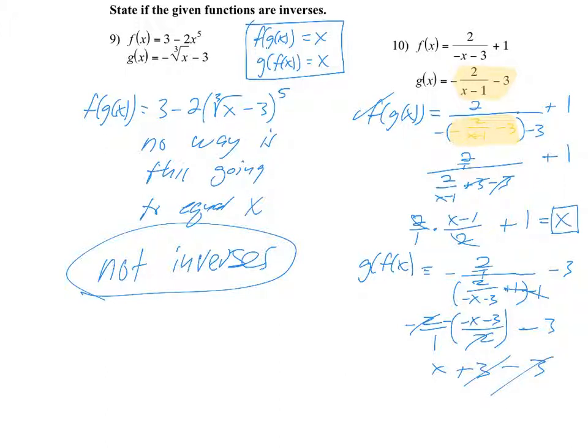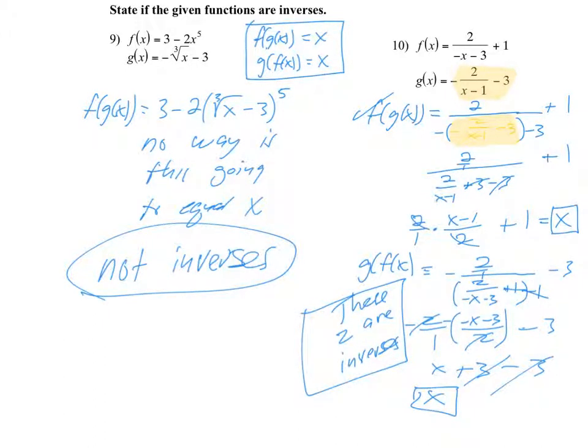These guys cancel out, and we're left with x. So g of f of x and f of g of x both equal x. So these two are inverses. Now you have to show the work. You can't just guess. This one was a little bit messy, I get that, but just go through it, and we're going to do good.